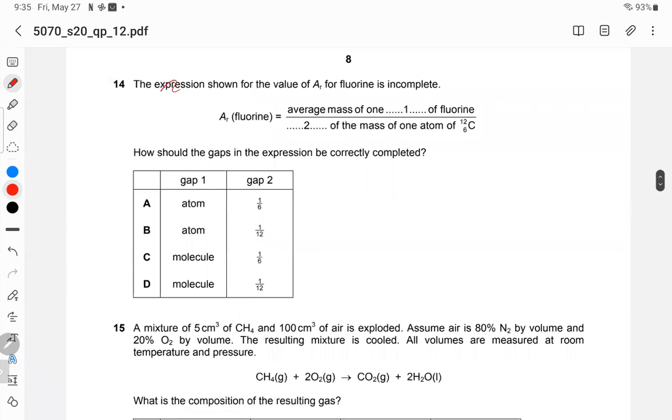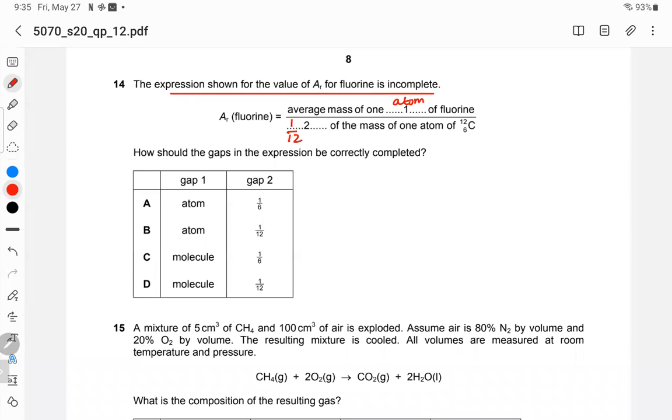14. The expression shown for the value of Ar for fluorine is incomplete. Okay, Ar of fluorine. It is the average mass of one atom of fluorine, because Ar refers to relative atomic mass, divided by 1/12th the mass of one atom of carbon-12.